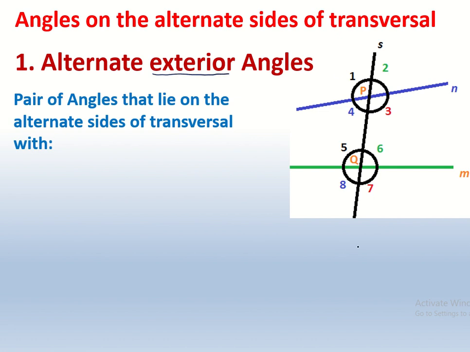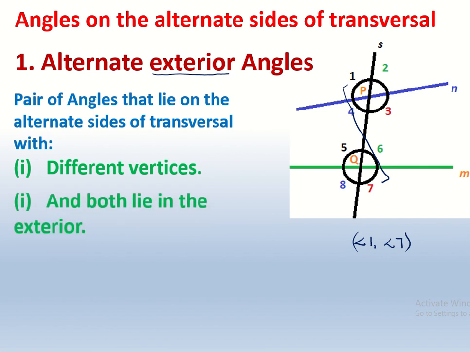So we have these pairs: angle 1, angle 7. These are on the alternate sides of the transversal with different vertices and both lie in the exterior. Similarly, angle 2 and angle 8.